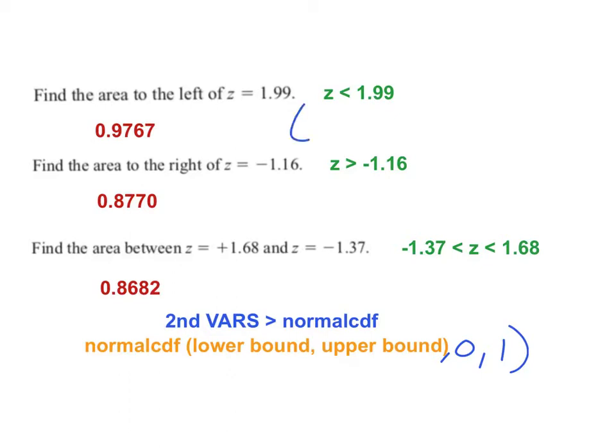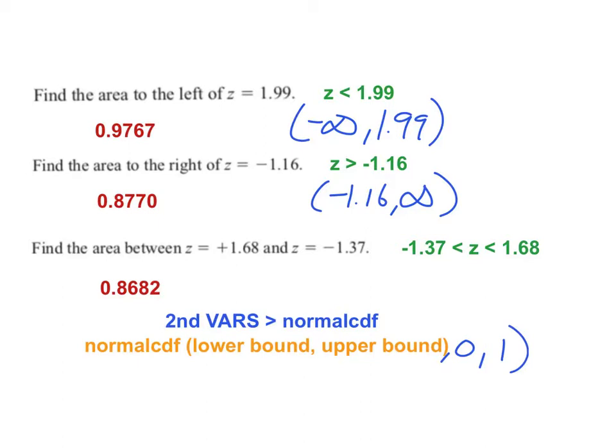This really is the interval from negative infinity to 1.99. This really is the interval from negative 1.16 to positive infinity. For those of you who understand interval notation. If you've not been in pre-calc, there's a good chance you don't know what interval notation is.